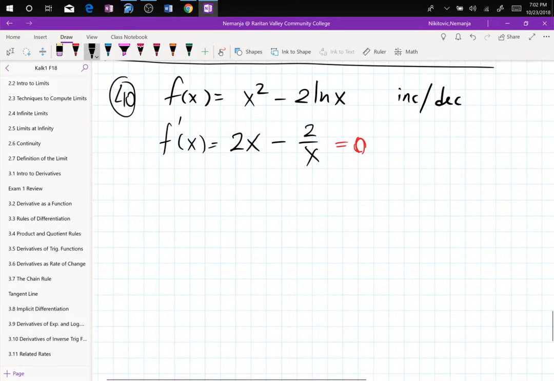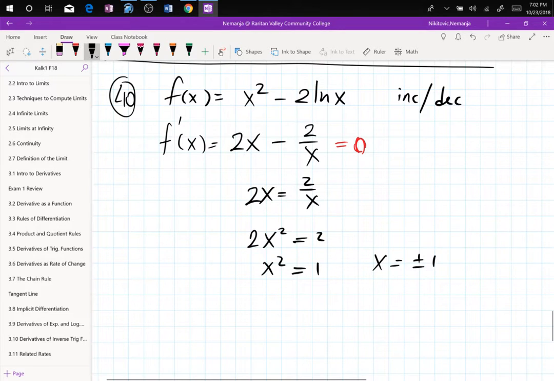When you have a situation like this, then 2x is equal to 2 over x. When you move it to the other side, you cross multiply. So 2x squared is equal to 2, from where x squared equals 1. And x is plus minus 1.